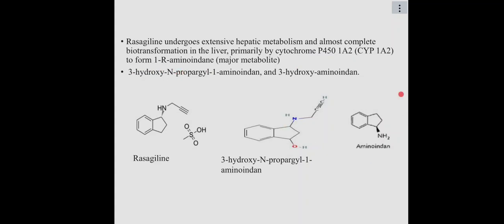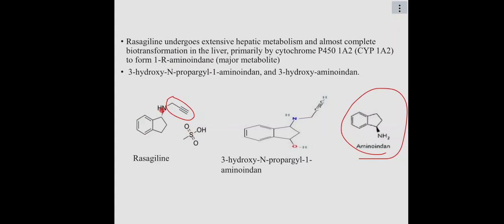This is the 1R-aminoindane. Looking at the drug, the propargyl group can be removed through oxidative N-dealkylation, and once that is removed, you just get the amino group there. That will give you the 1R-aminoindane, which is a major metabolite.